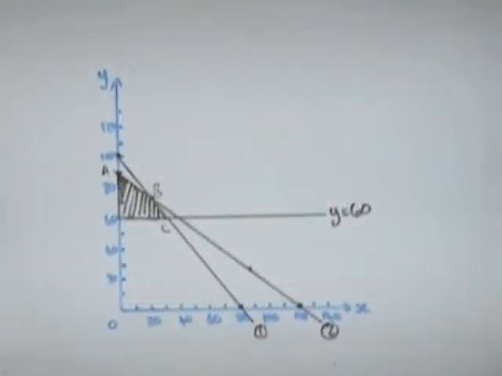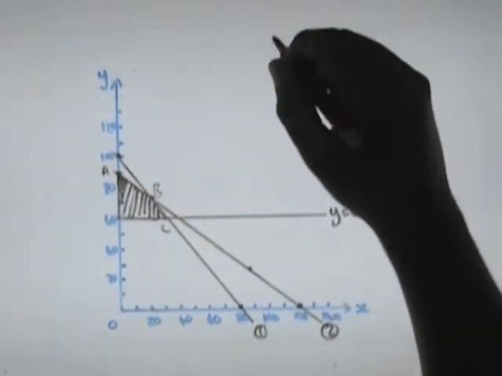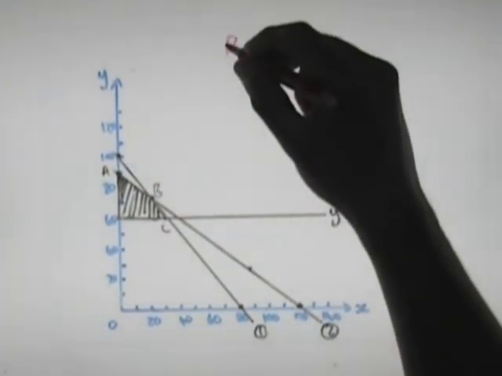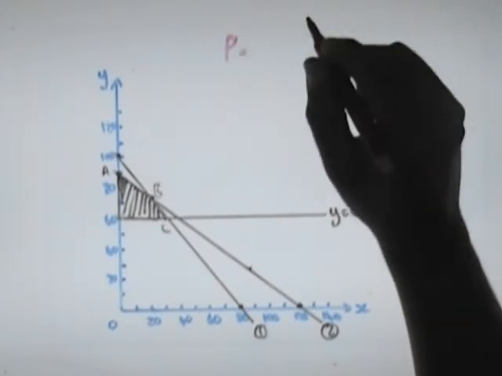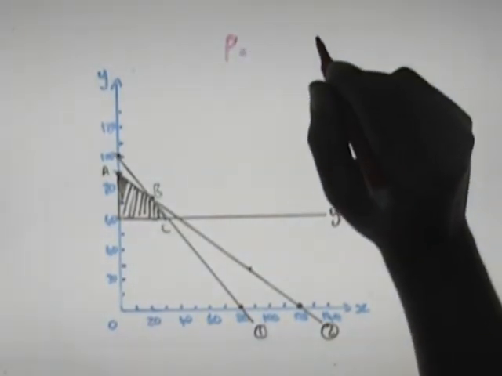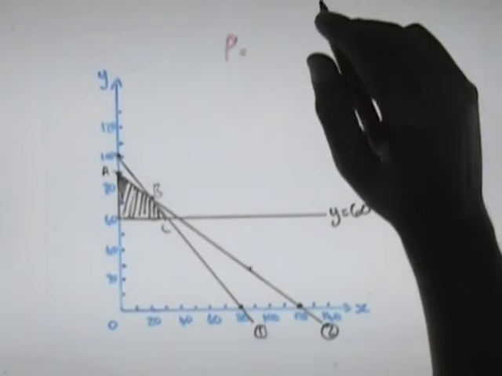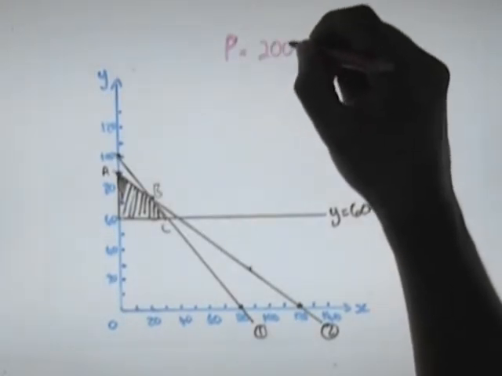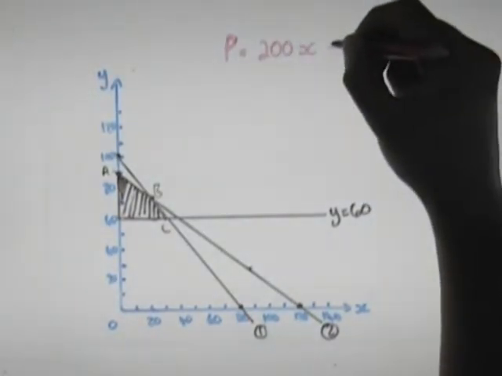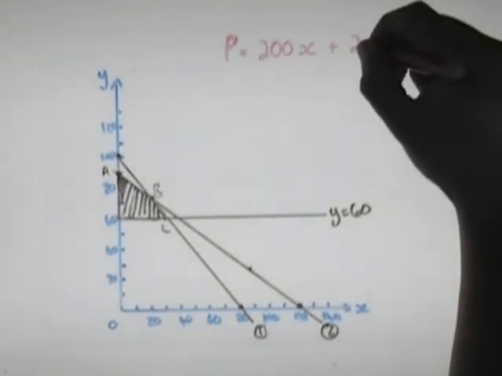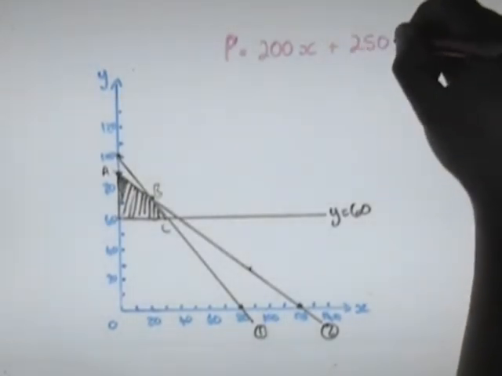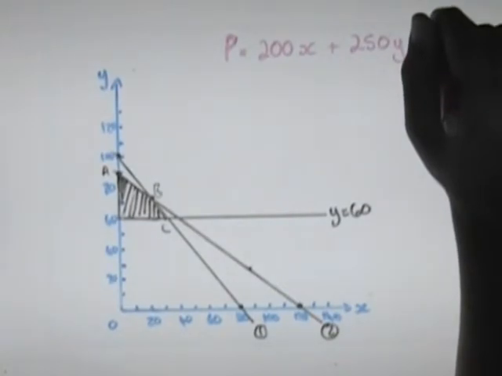We are now going to look at the maximum profit, or rather first we're going to start by looking at the objective profit function. They told us that profit on one Akuna is 200 Rand. That means that our profit is given by 200x plus 250 Rand on each Matata, which is 250y.